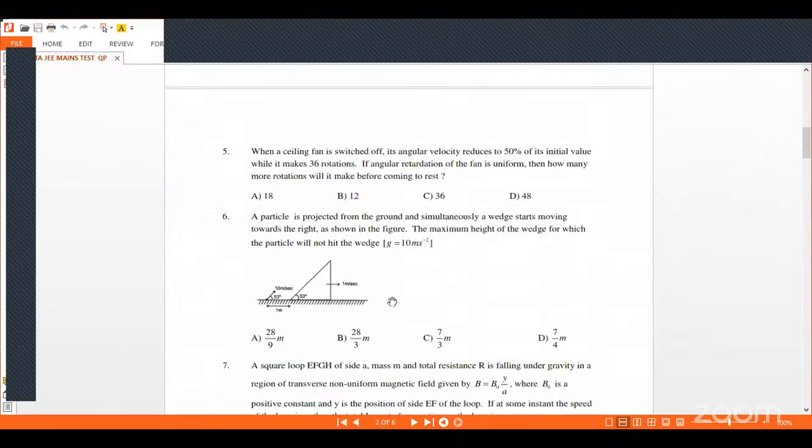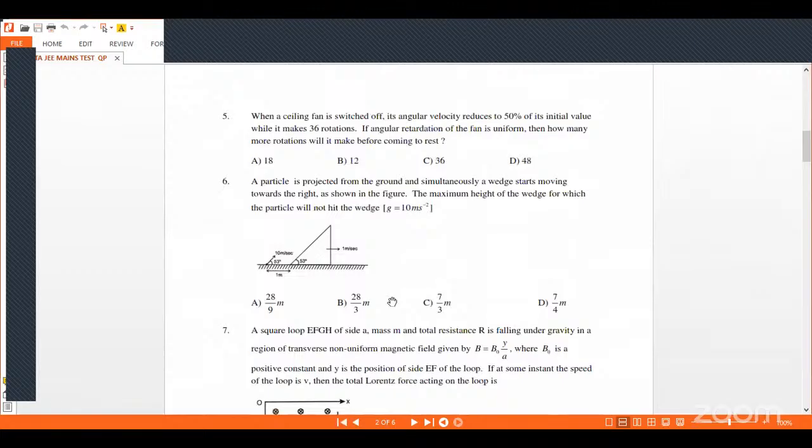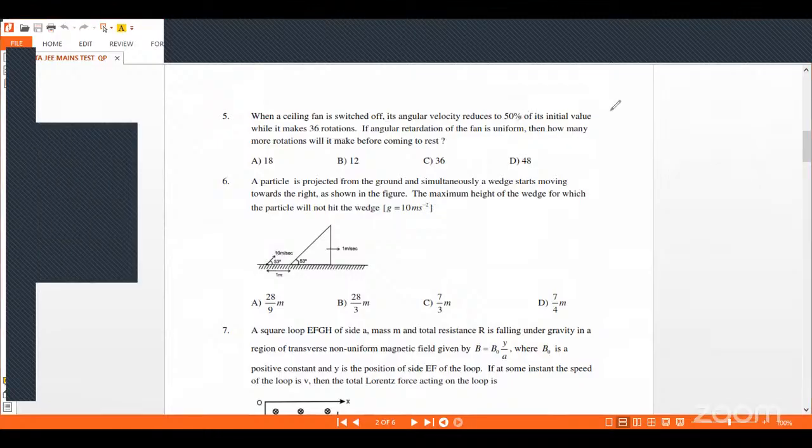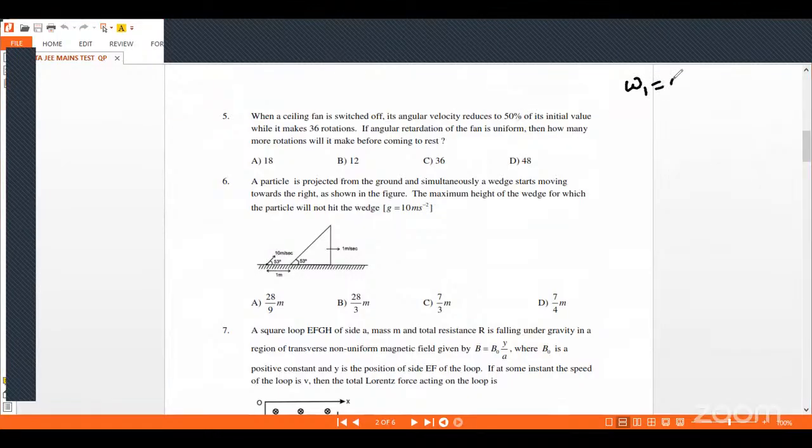Next one. When a ceiling fan is switched off, its angular velocity reduces to 50% of its initial value. Suppose the initial angular velocity is omega naught. Now it reduces to 50%, that is omega naught by 2, while it makes 36 rotations.